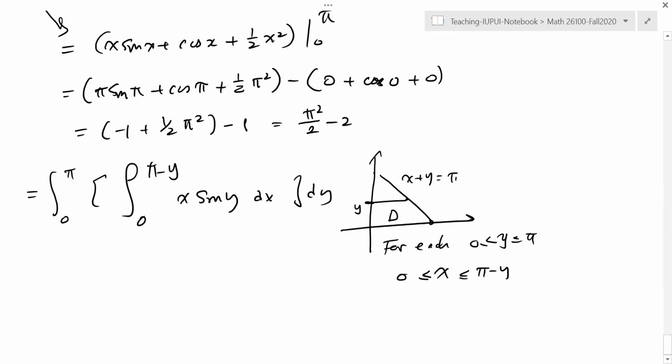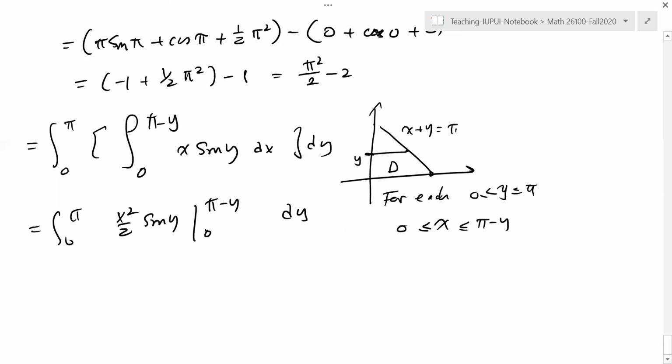I think this is better. The reason is you don't need to use integration by parts. So you evaluate this integral with respect to x, and that will be half of x squared.